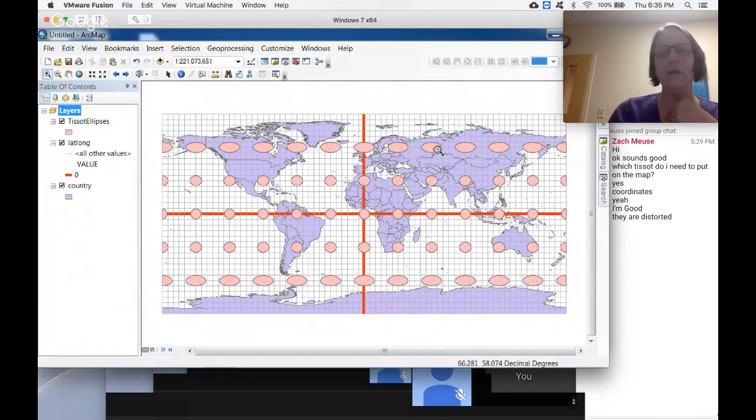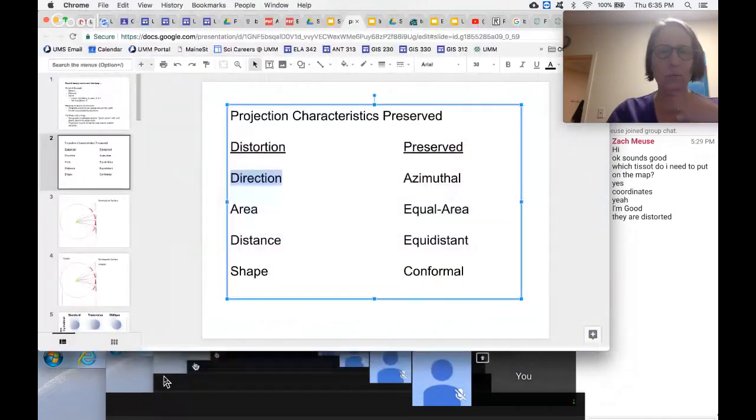But if you want to figure out the direction directly from, say, Moscow to Cartagena, the angle there is going to be different from what it is in the real world. That's because of this introduced distortion, and this whole can of worms we're just about to open will manage that.